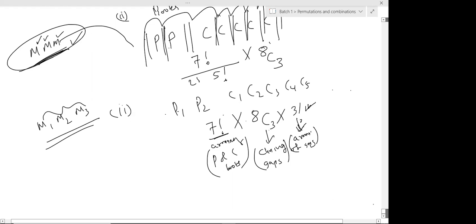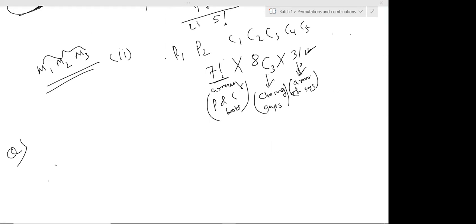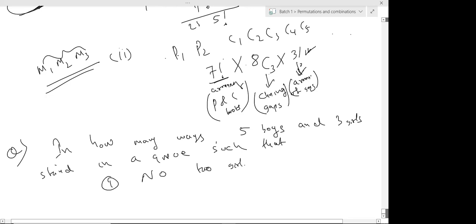Yes, sir. Okay. So let's try another question. In how many ways can 5 boys and 3 girls stand in a queue such that no 2 girls are together, and exactly 2 girls are together.